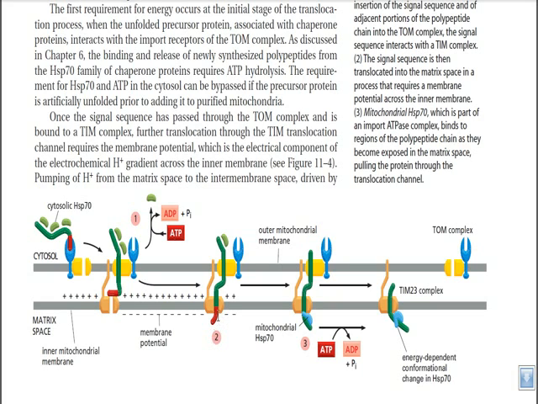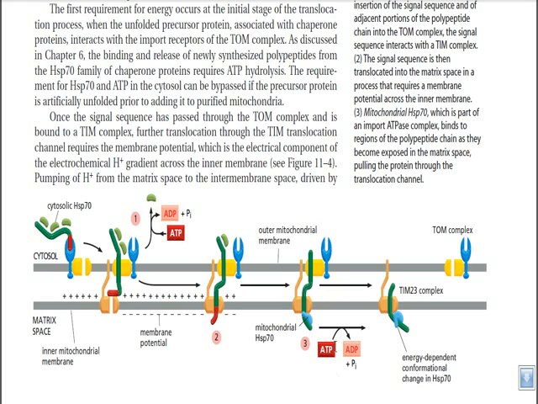And after the cleaving of the signal sequence, there is mitochondrial HSP70, and these chaperone proteins again bind with this protein. As we have talked before, this protein present in the TIM23 complex is actually helping the protein to be pulled inside the mitochondrial matrix. And again they need energy to do this pulling work, and they take the energy from ATP hydrolysis.